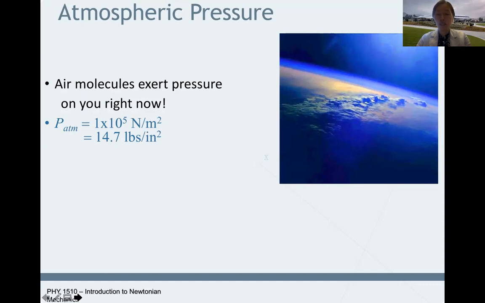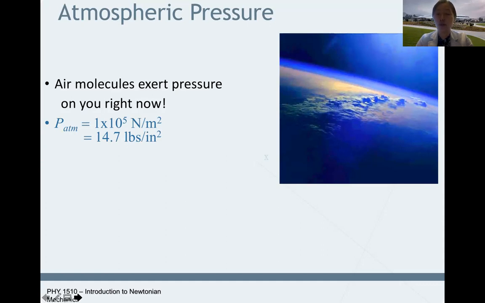Now let's get an idea how big that pressure is. The P atm, 1 atmosphere of pressure, is roughly 1 times 10 to the power of 5 newtons per meter squared. And we said it's about 101,000 pascals at sea level.